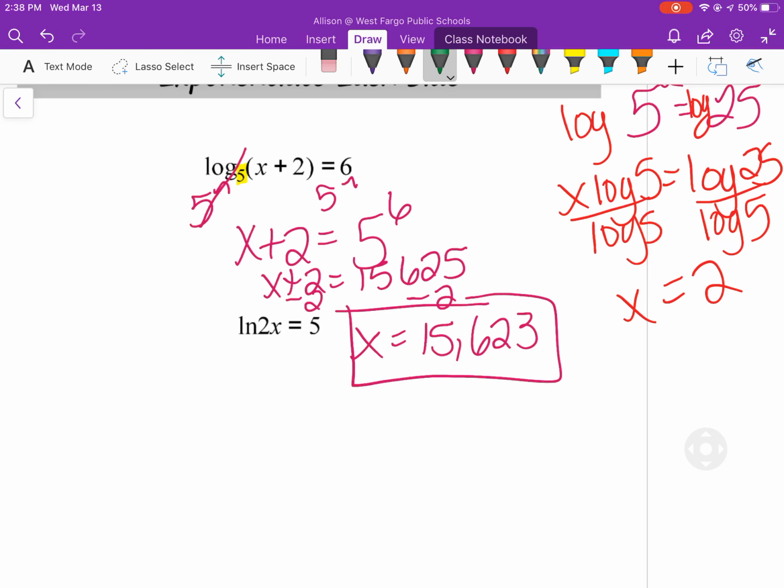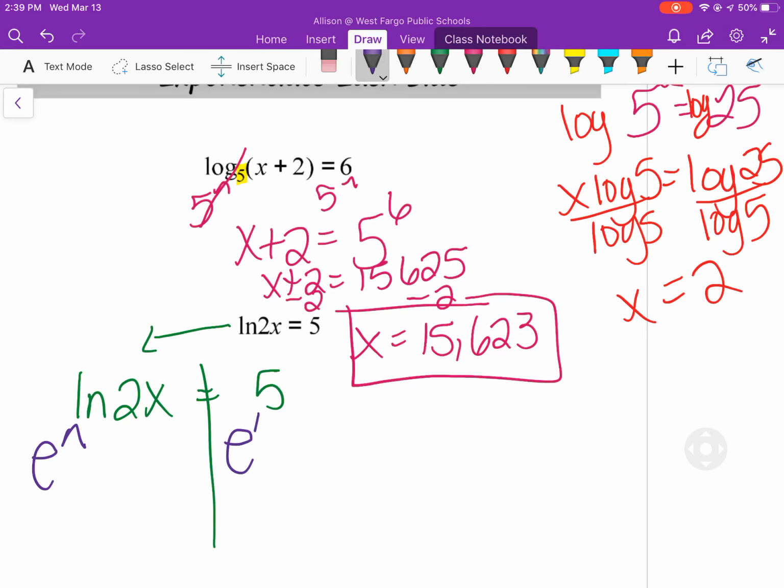So, taking the base and using it as a base in an exponential equation. If I have this one, I'm going to slide it over here a little bit. ln of 2x equals 5. You have to remember that the ln is base e. So I'm going to take e to this power and e to the power of 5, doing it on both sides. Now e to the ln will cancel out the ln and just leave what's left.